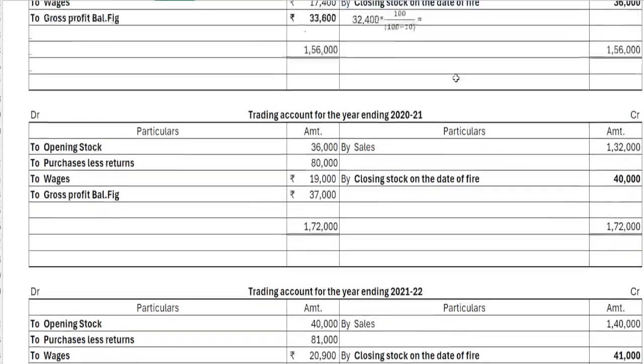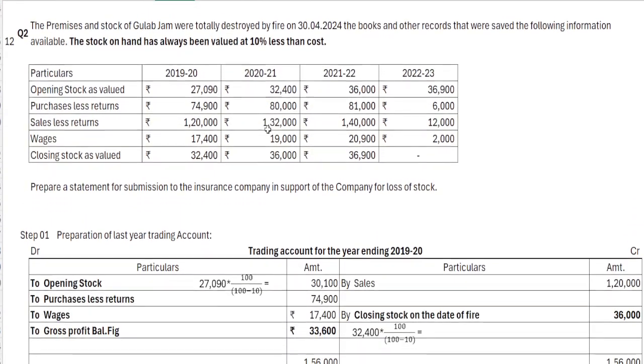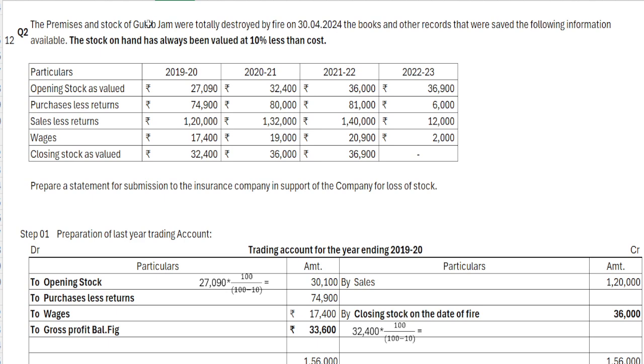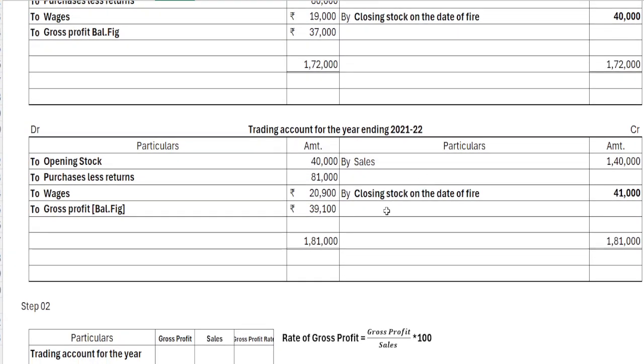Now we will see the salvage value. What is the salvage value given? Here, the salvage value information is absent, as well as policy information. So the amount of claim will be the closing stock on the date of fire.